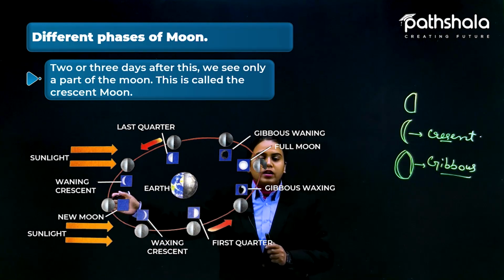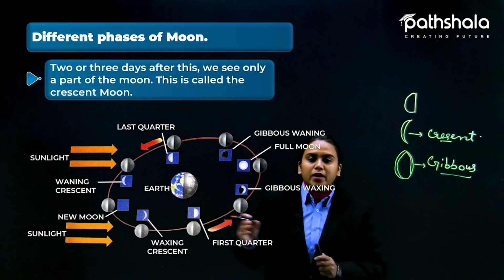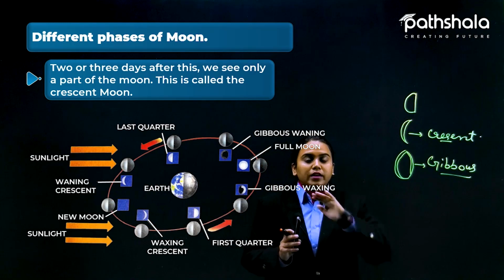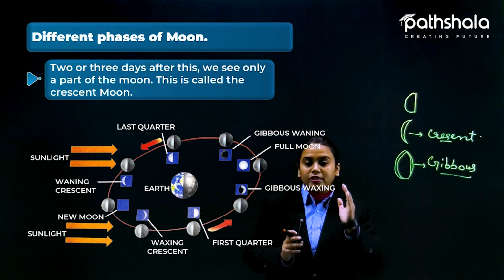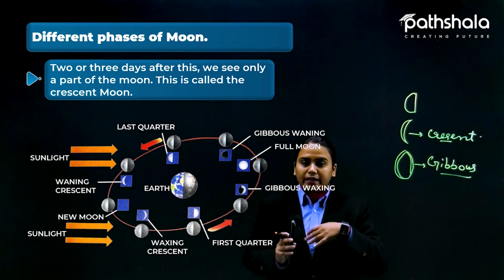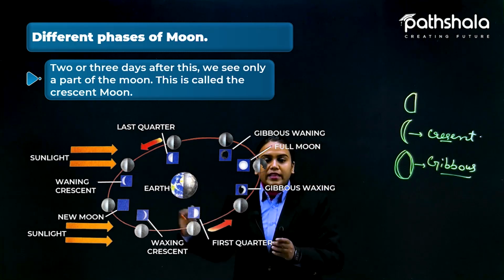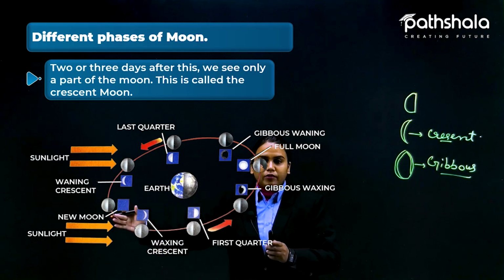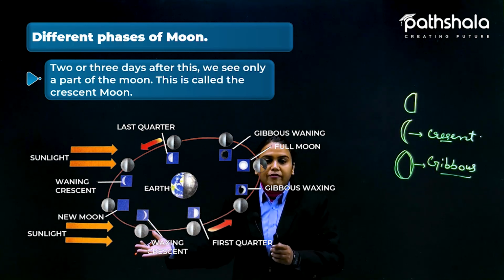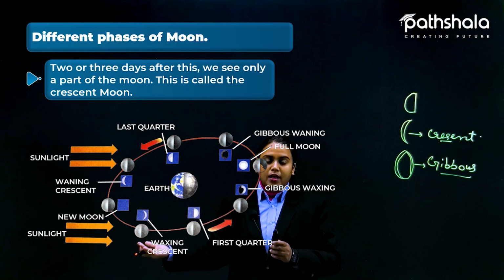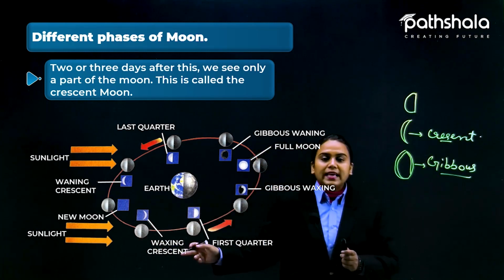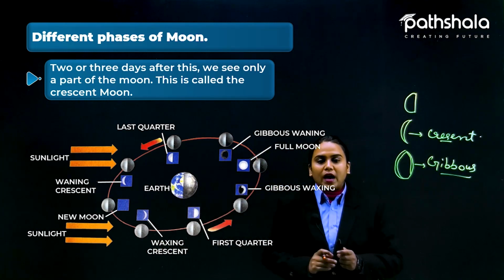Still that moon has the sunlight, but why are we not able to see it? Because the reflected light of the moon is not reaching towards us. That is why, because it is shifted from here to here, we are now having the crescent part.